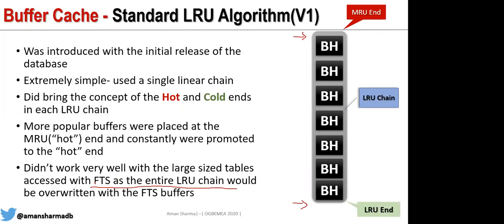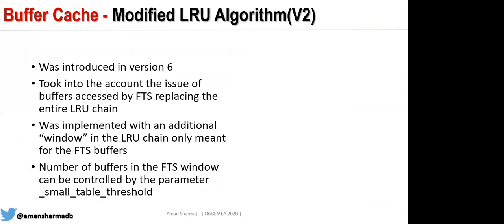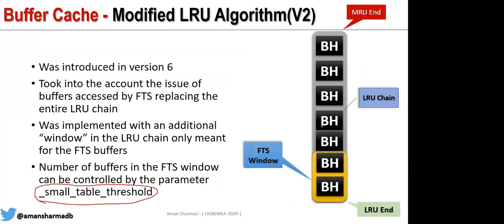So Oracle changed that and added a modification to the algorithm from version 6, and that change introduced the parameter small table threshold. So now this entire thing is maintained in the same way, but a small window was added.